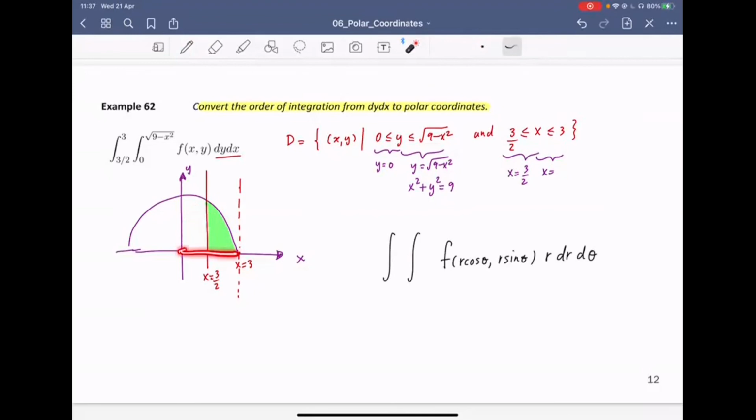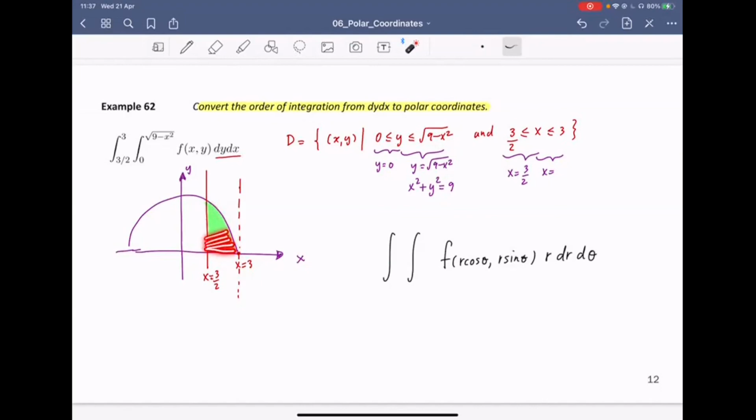Well, let's look at that. You can see that every time you draw a polar cut here, you start from the bottom curve here, which is your line x equal to 3 over 2, to the circle here, right?